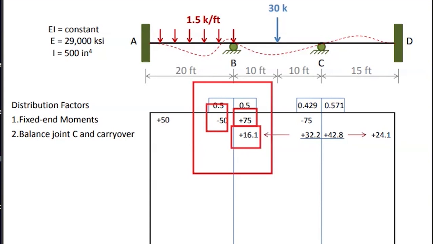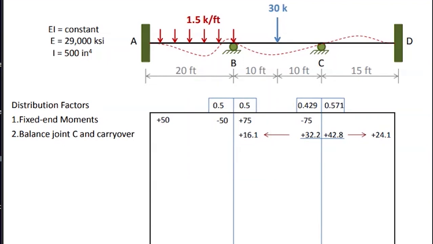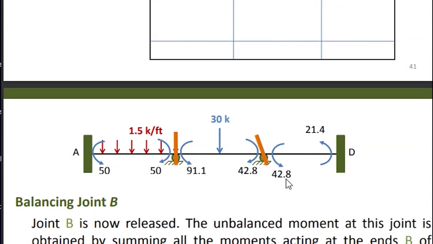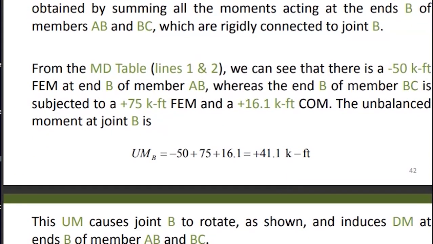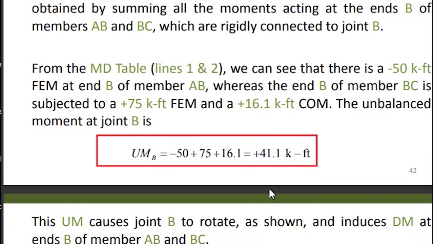So we can have an excess of moment, which is the unbalanced moment. The value for the unbalanced moment is given below. Now its value is this one. If you sum, you can have an excess of about 41.